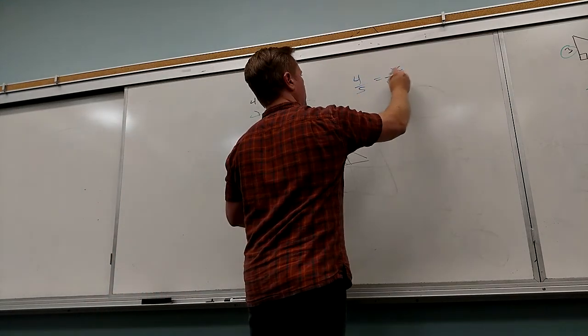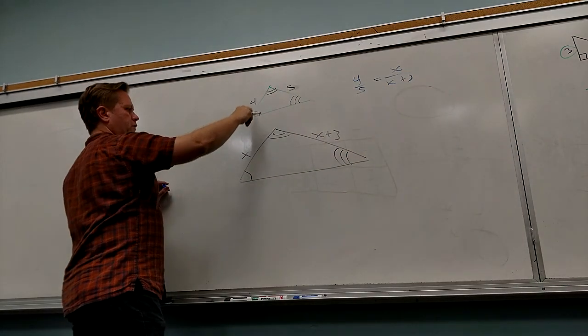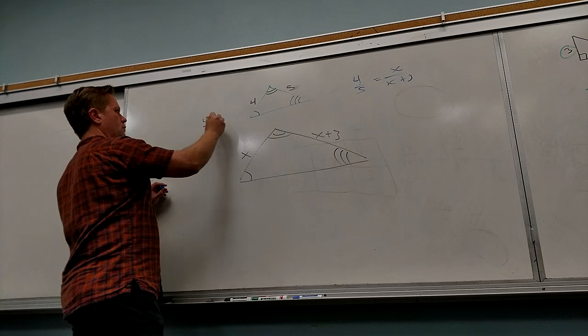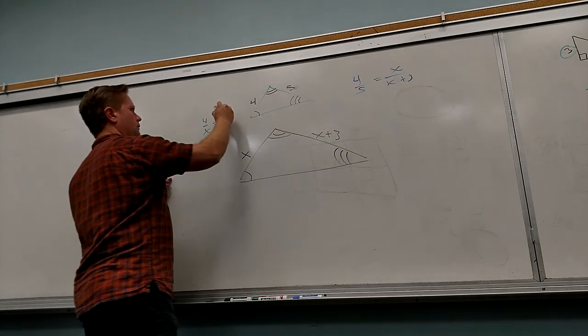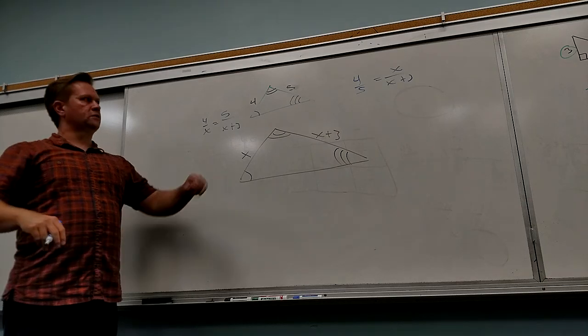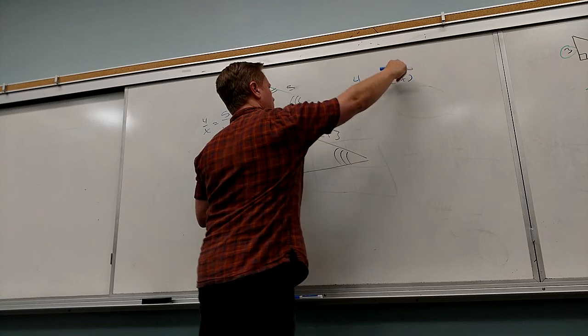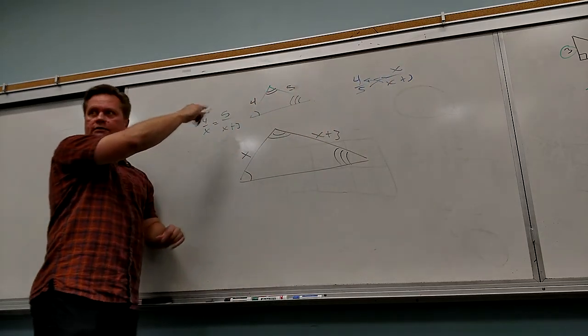Now real quick, on the side I want to show you, you could also set up small triangle side to big triangle side equals small to big. Some of you might realize, once I cross multiply, don't I get 5 times x? So you see how that still makes sense?